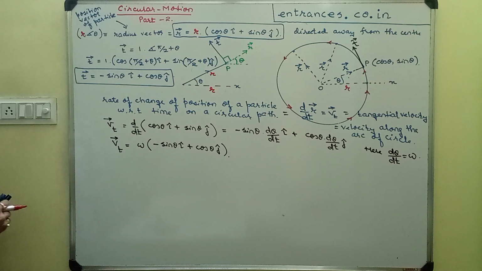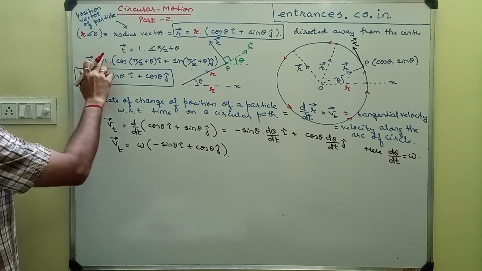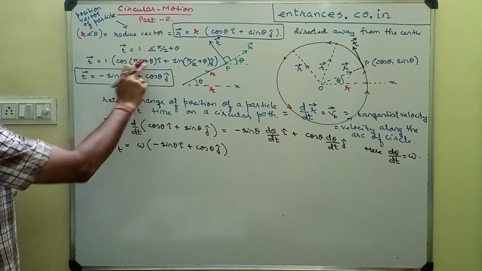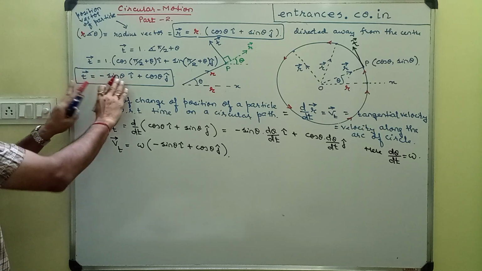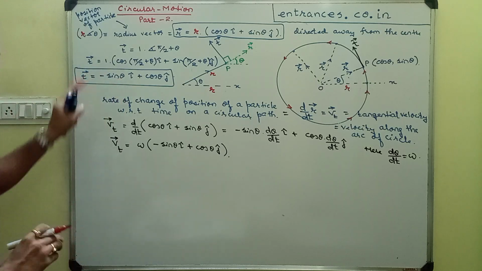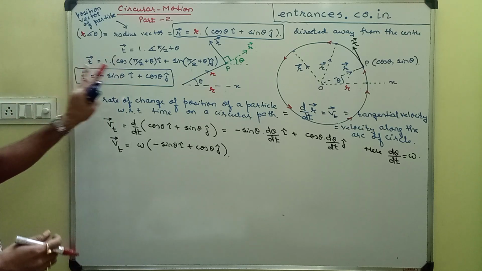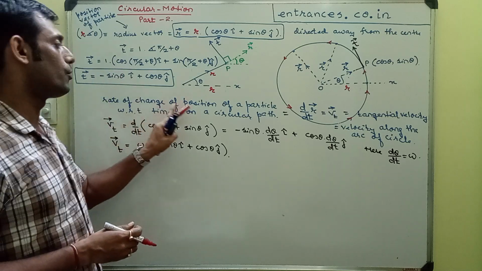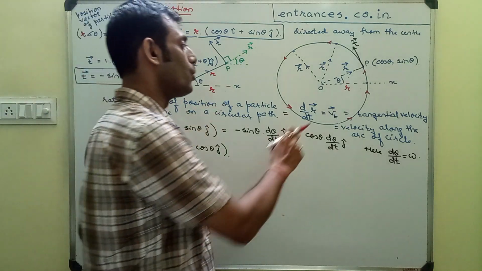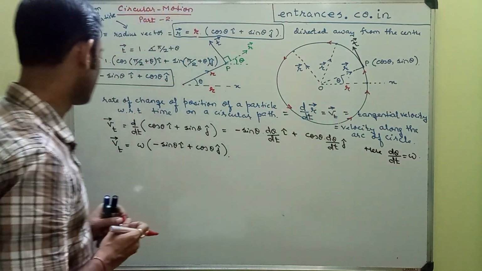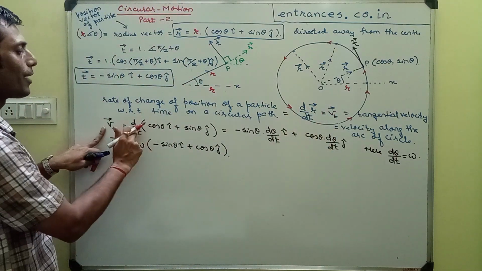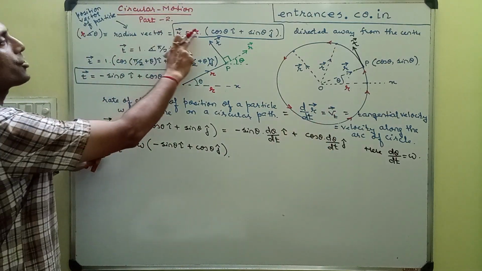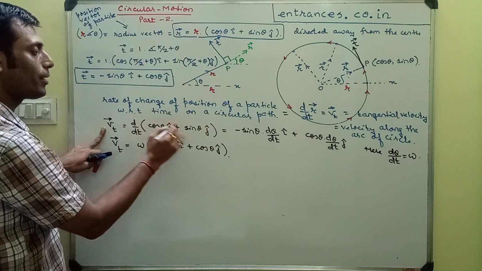And the tangential velocity therefore shall be defined with this as a unit vector. Let it remain like that. No change in the tangential velocity. This is just for the direction, a unit vector. Now the rate of change of position of the particle will go for the derivative of the r vector. So the derivative of the r vector will contain, just like here, a product factor of r.